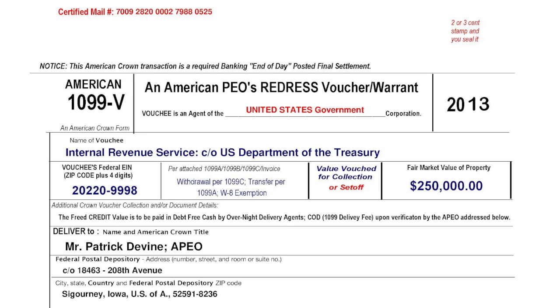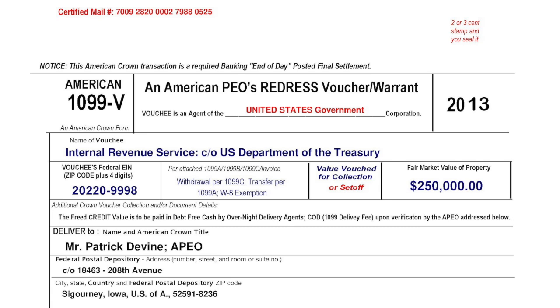You do a 1099-C, cancel the debt that basically they have borrowed there, but they're still liable for the repayment of it. Then you do a 1099-A along with that for that value, and also do a 1099-V voucher.